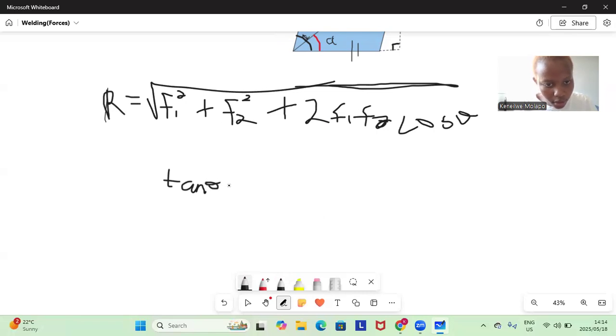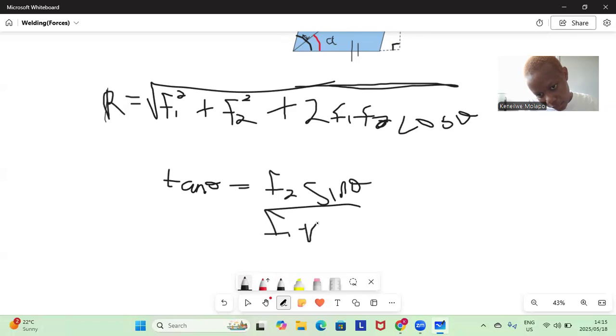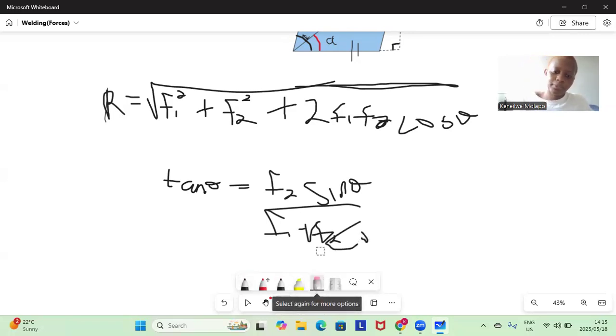Tan theta equals F2 sine of angle A over F1 plus F2 cos of angle A. Okay. So now I have shown you the formulas.